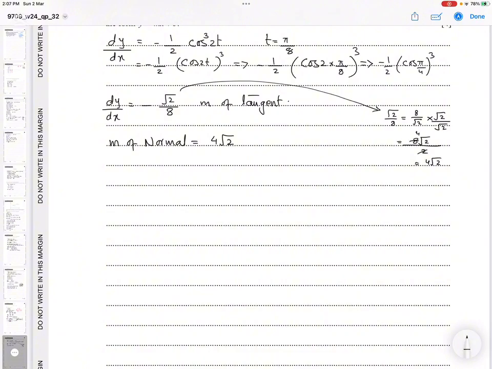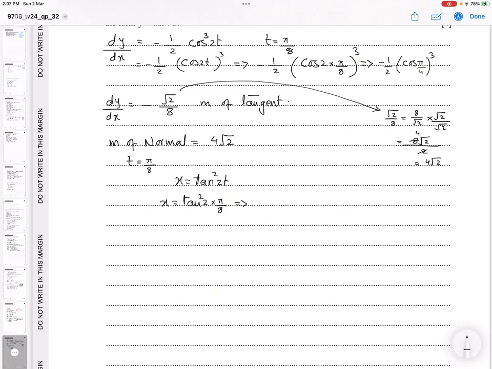Now when t equals pi by 8, your x is equal to tan square 2t, so x is equal to tan square 2 into pi by 8.